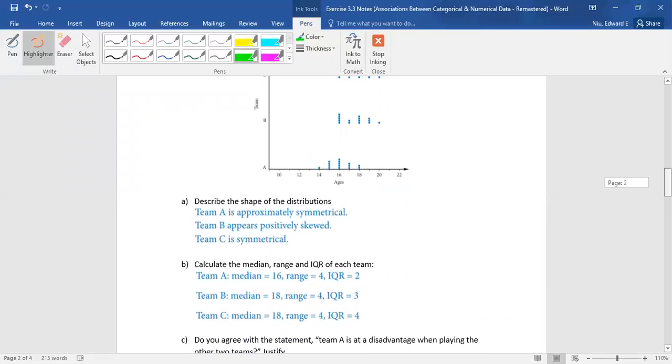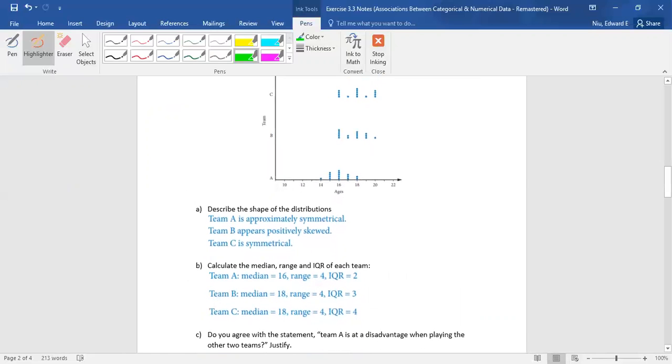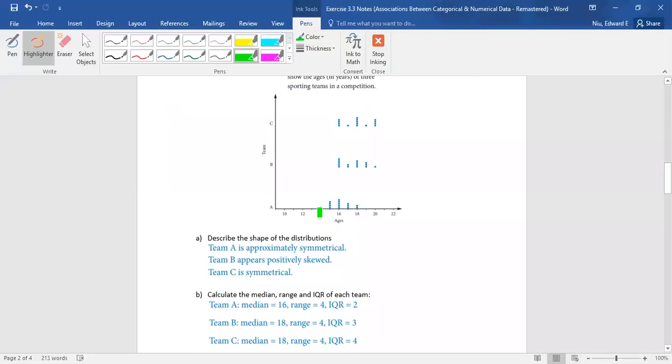Part B, calculate the median, range, and IQR for each team. What you would have to do is, for example, team A, we would have to count 1, 2, 3, 4, 5, 6, 7, 8, 9, 10, 11, 12, 13, 14, 15. There's 15 team members, and you would have to figure out the middle of 15, which is number 8, because if you divide it by 2, you get 7.5.